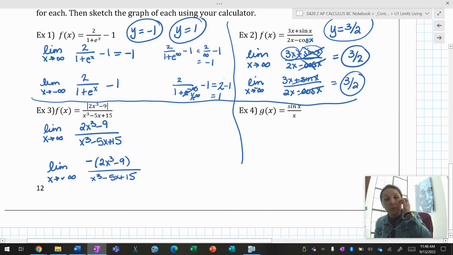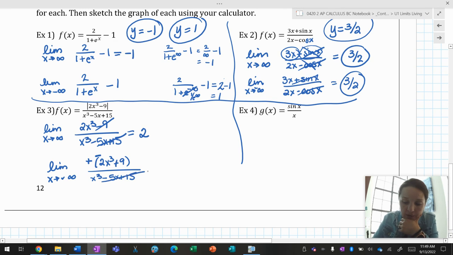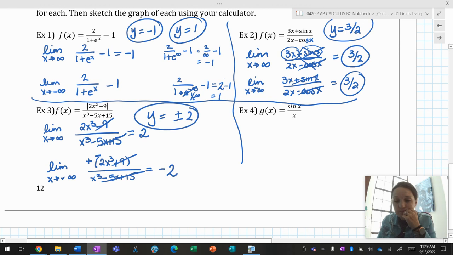And then I just look at these with my rational function eyes. I ignore anything that's not the highest power term. 2x cubed over x cubed as x approaches infinity is 2. Same thing here. If I distribute that negative, I would have negative 2x cubed and positive 9. Ignore everything except for the highest power term. Now I'm landing at negative 2. So I have 2 asymptotes at plus or minus 2.